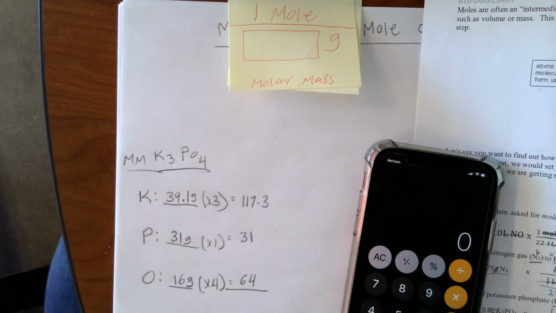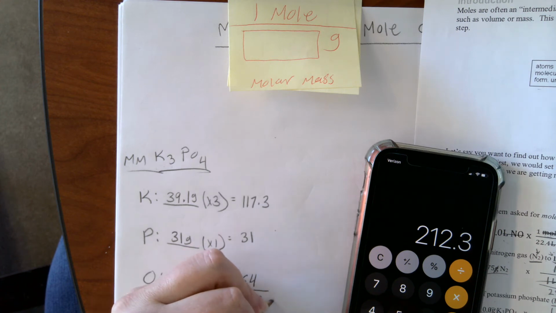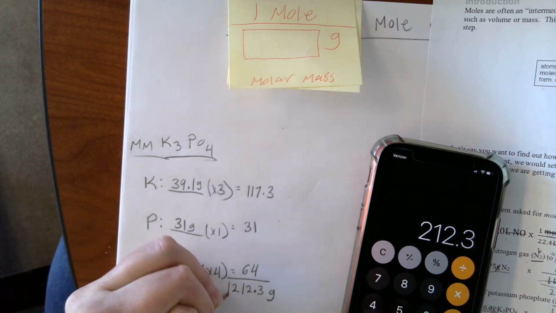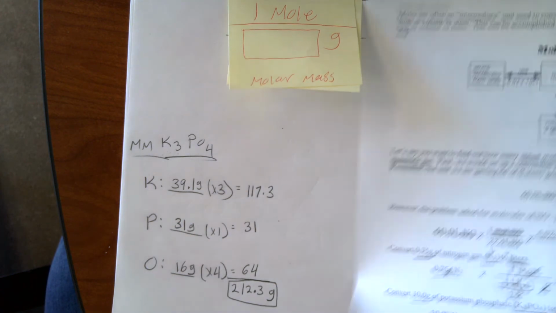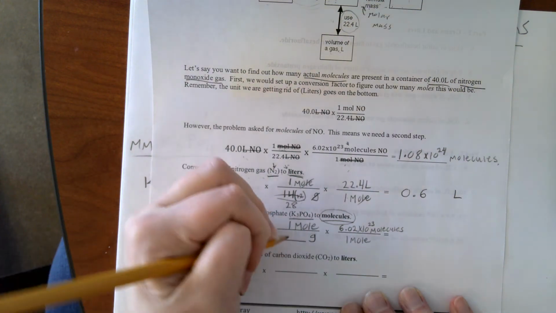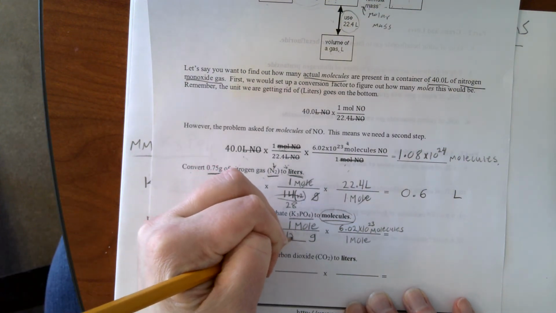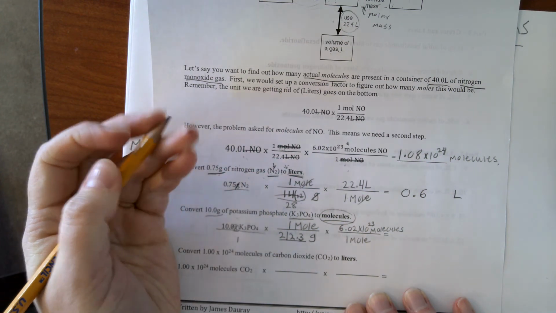Add those all up. 117.3 plus 31 plus 64 is a total of 212.3 grams. So that's our molar mass. So that's what we place in our equation, in our problem right here. So 212.3. If you rounded to 212, that's perfectly fine.